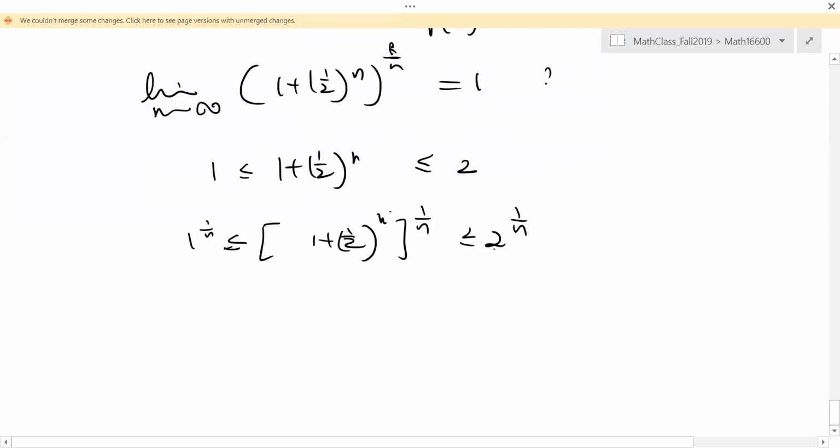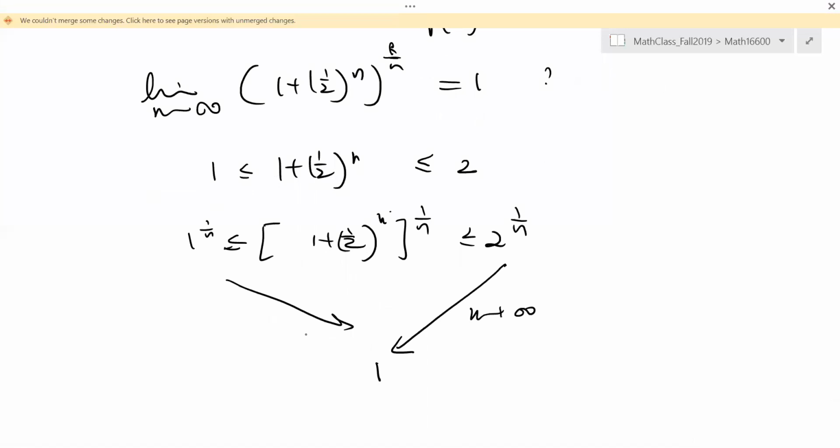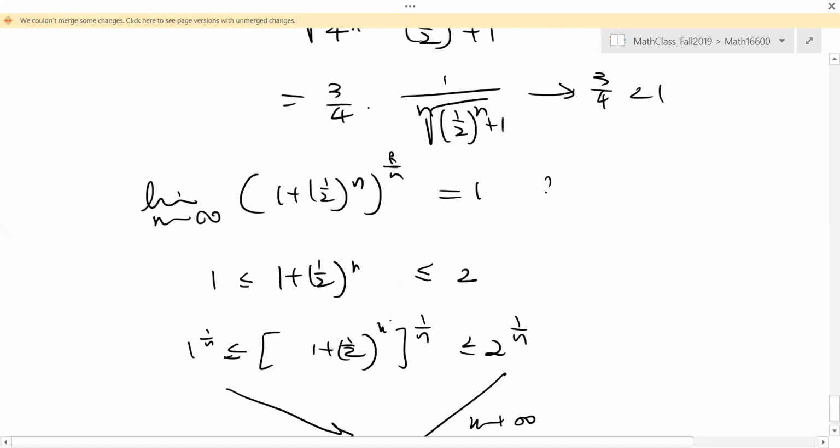Now what is the limit of 2 to the 1/n? It converges to 1, right? Then the squeeze theorem shows that the one in the middle converges to 1, because both sides converge to 1. But you have to prove that. This would be a separate problem, to prove that this limit is 1. So I just said that it's much more difficult.